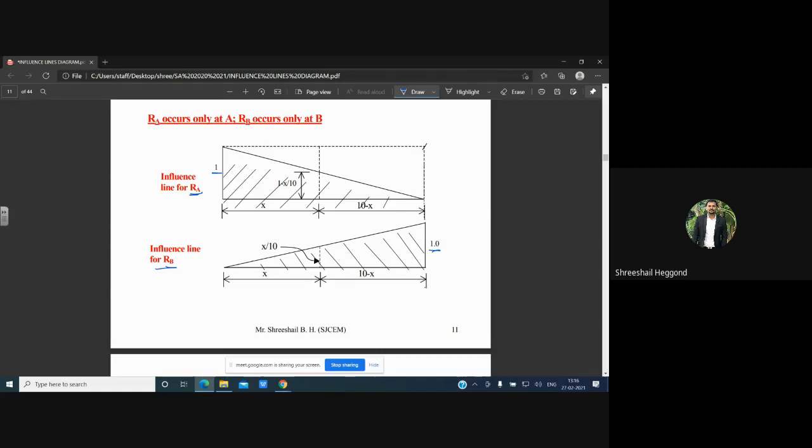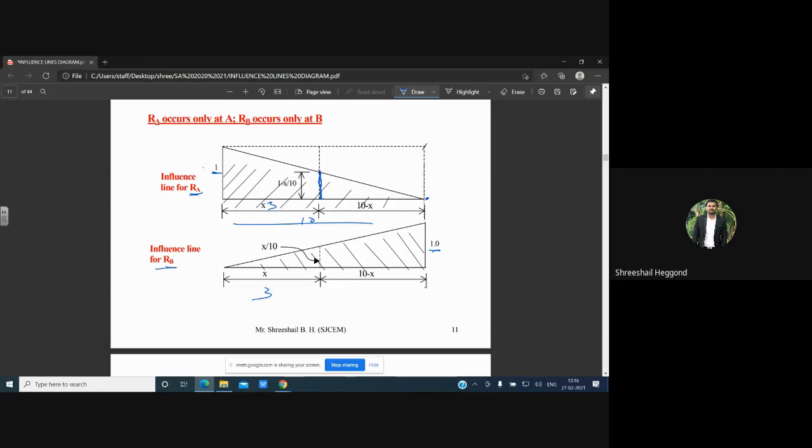Now, if it is 1 and this is 0, you can calculate at point C, that is at 3 meter, what the value will be at this point. You know the total length is 10 meter, and this is 3 meter. You can apply the similar triangle property and calculate this height, the vertical blue line, easily.